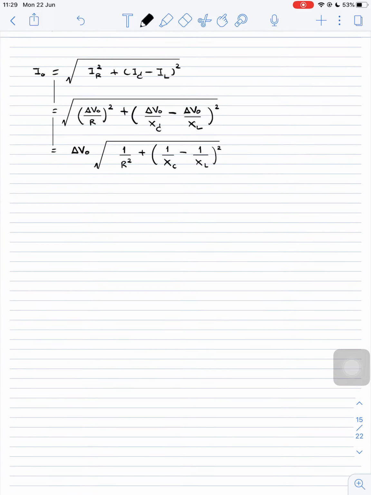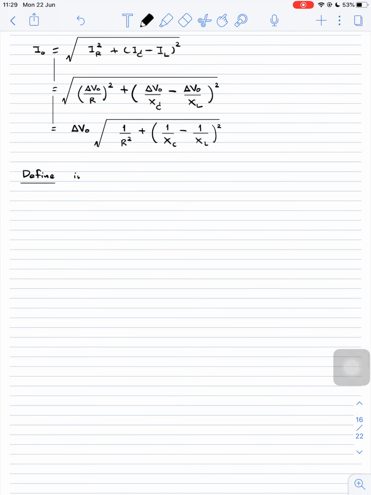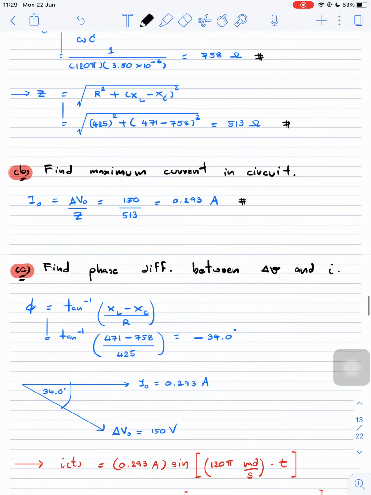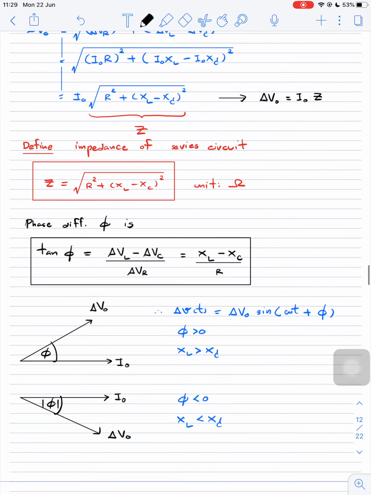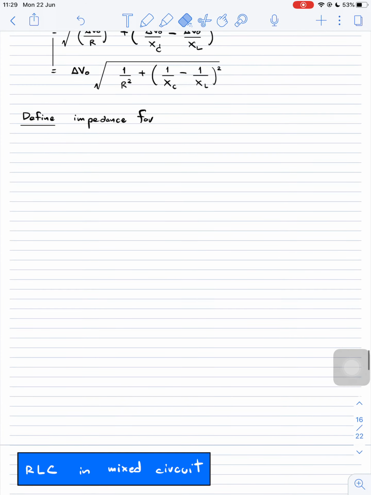So it means that we can define the impedance of the parallel circuit.